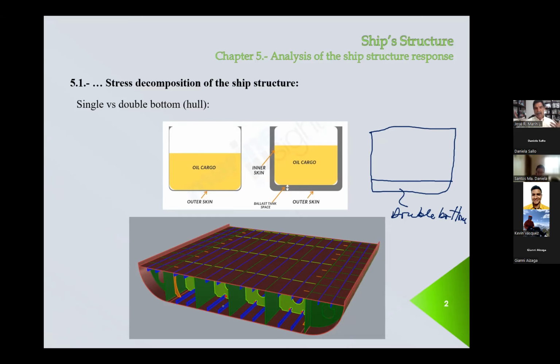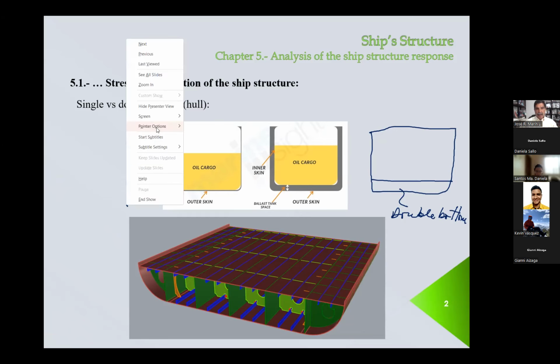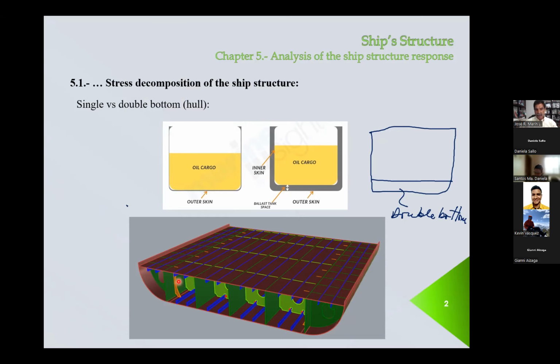What I'm trying to say is that it's a compromise, because if you design a ship with a small height in the double hull or double bottom, the spacing here is going to be very restricted, very small.